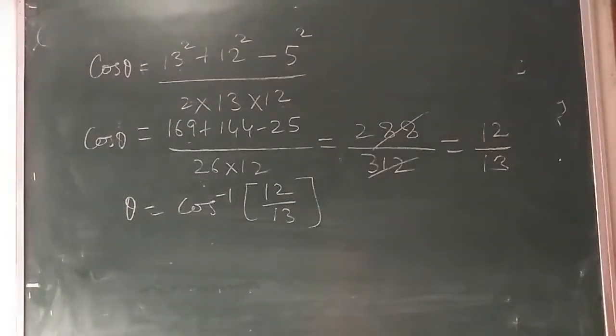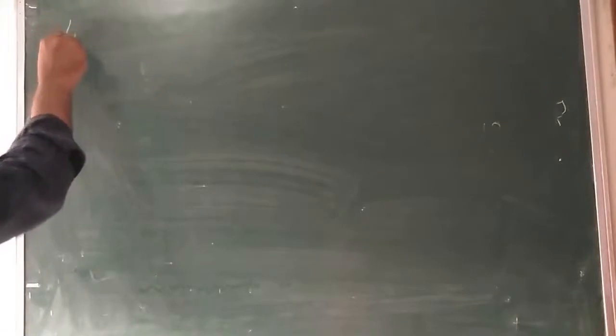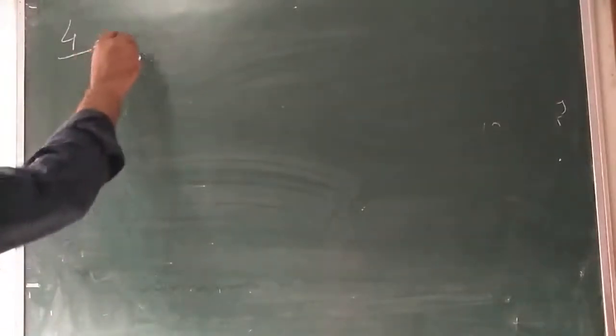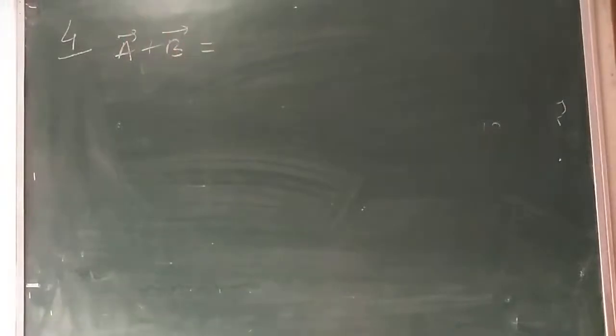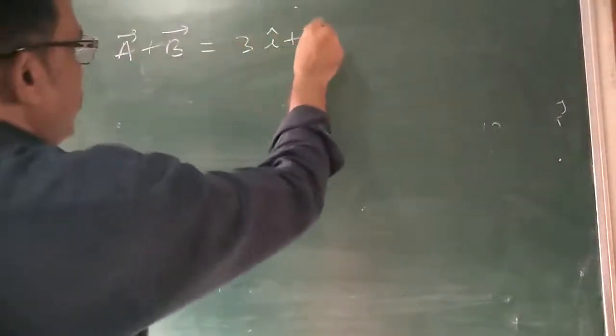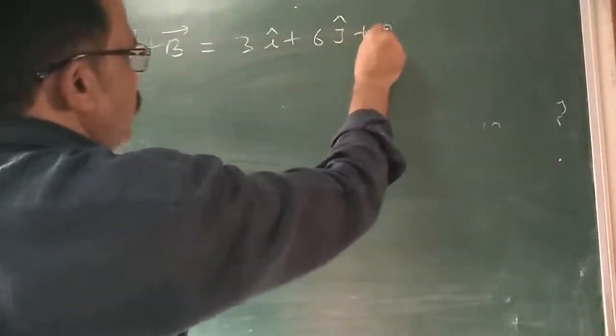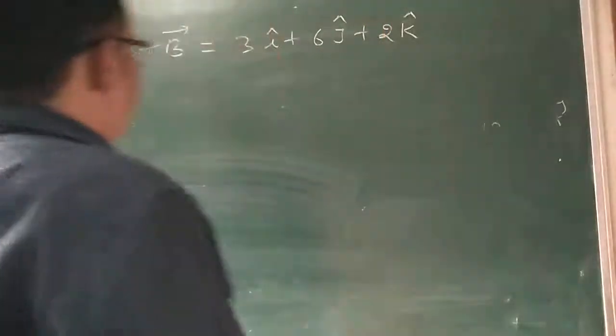Now, see one more problem of dot product. Question number 4. Suppose A plus B is given, that is 3i plus 6j plus 2k. This is given, the sum of the two vectors.